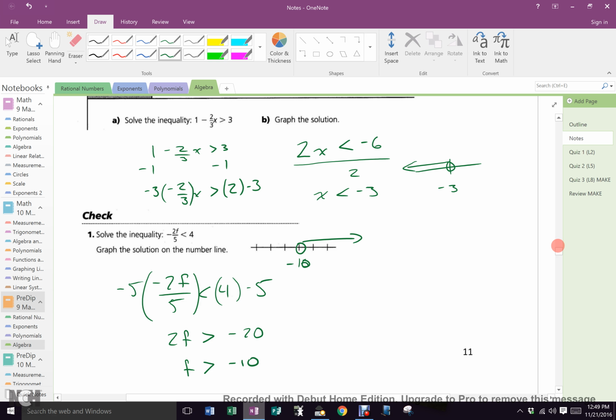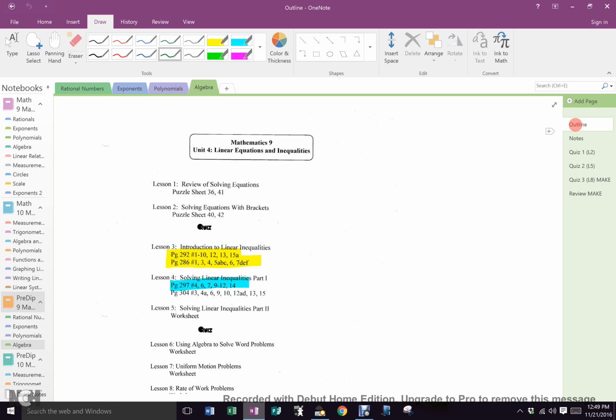Tomorrow, you become pre-diploma students. Okay? So because tomorrow you become pre-diploma students, I am being very lenient today. You owe me just page 304.